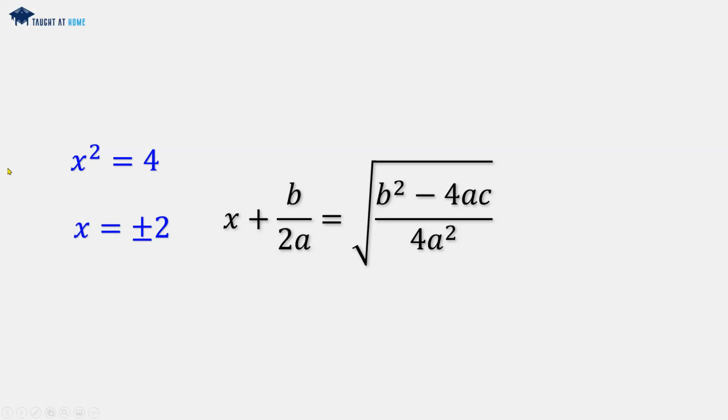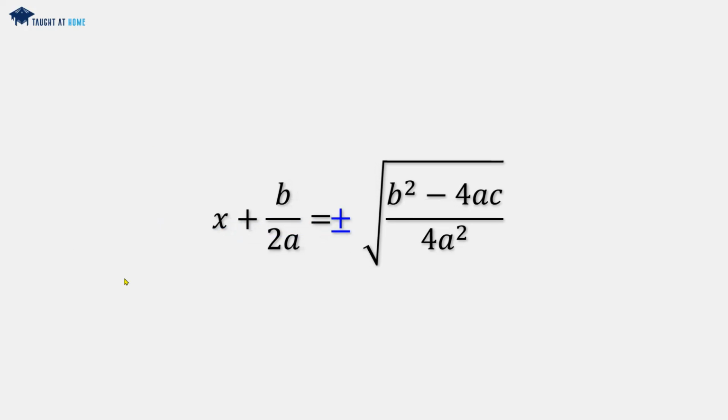So we can write that x equals plus or minus 2. And so we could also say that x is plus or minus the square root of 4. So we need to have the plus or minus symbol in front of the square root, because there are two solutions, a positive and a negative. And so we need to do that in front of our square root here.